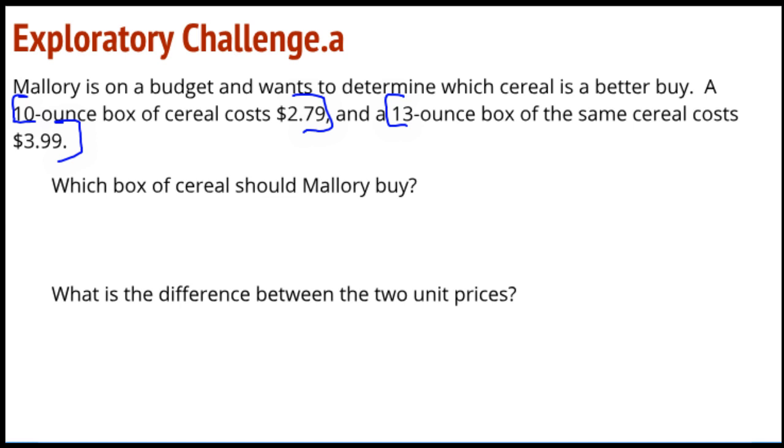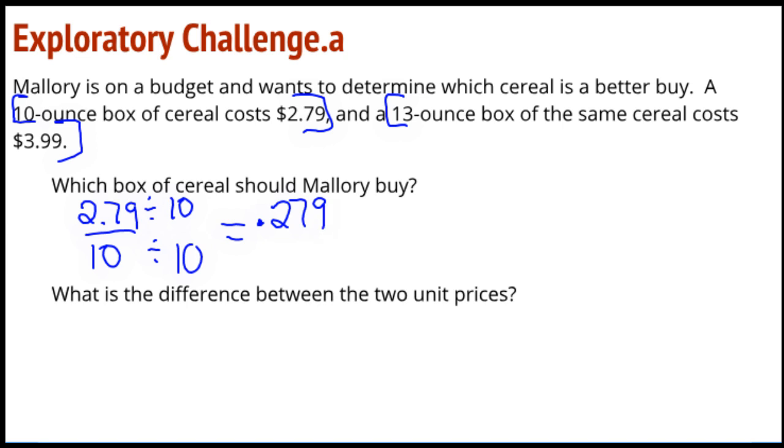So I've got $2.79 per 10 ounces, and I would like to scale that down to 1 ounce. So divide them both by 10, and I've got 279 thousandths of a dollar per ounce, which is almost 3 cents per ounce.